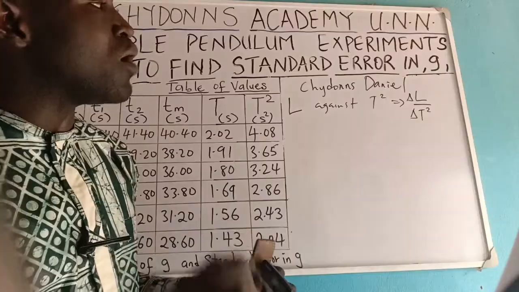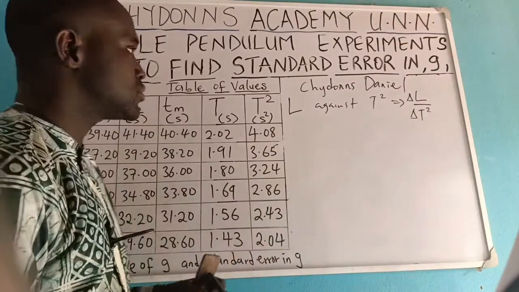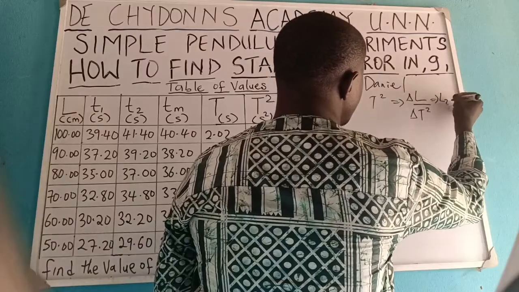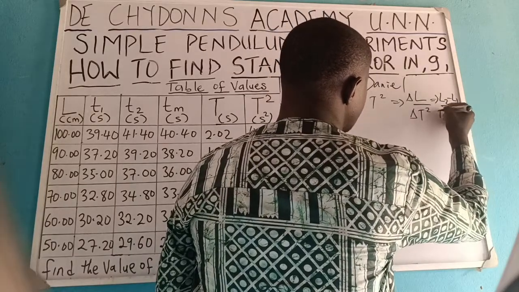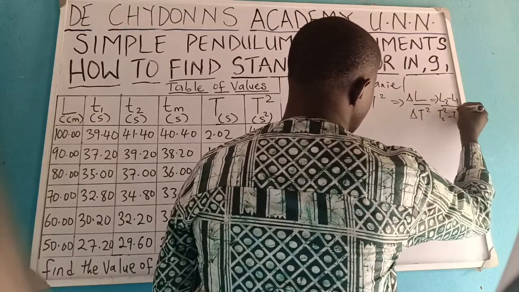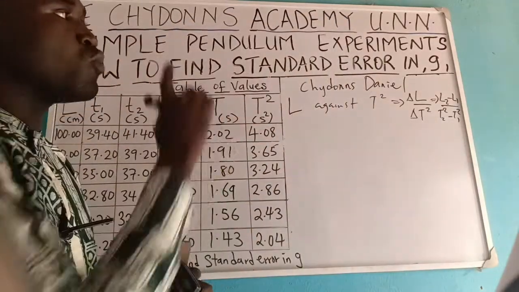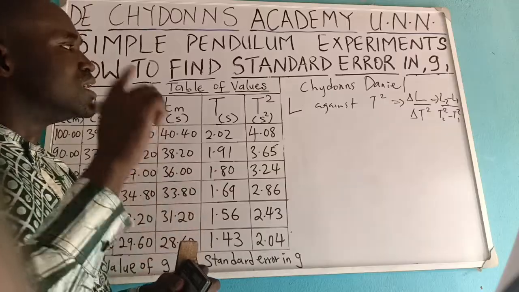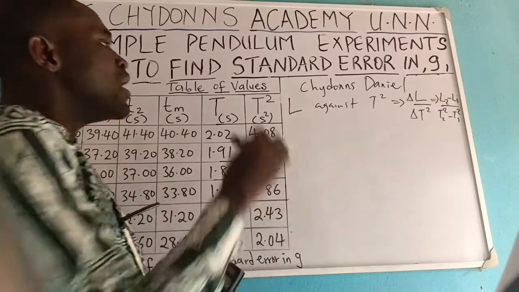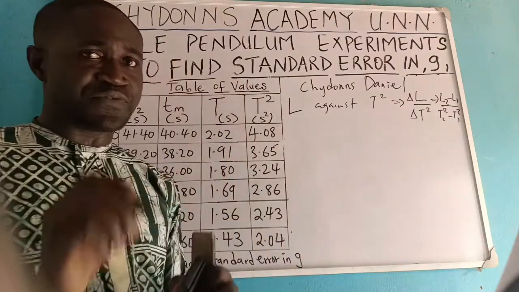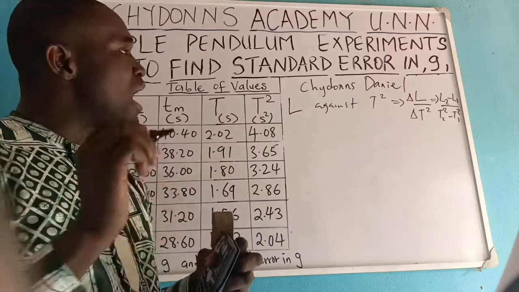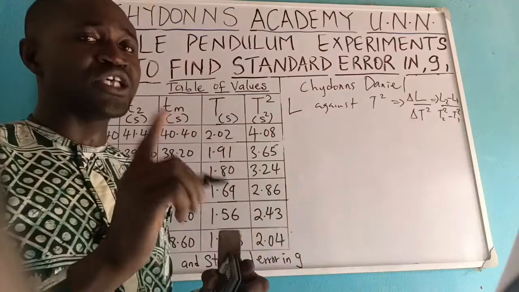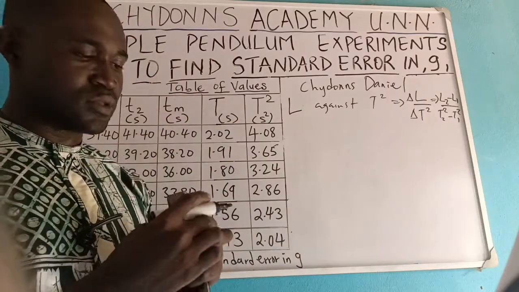Okay? Now, what do we mean? I will say this means L2 minus L1 all over t square 2 minus t square 1. What do we mean by this? Remember we said that every line of best fit you have, its slope is always collinear.